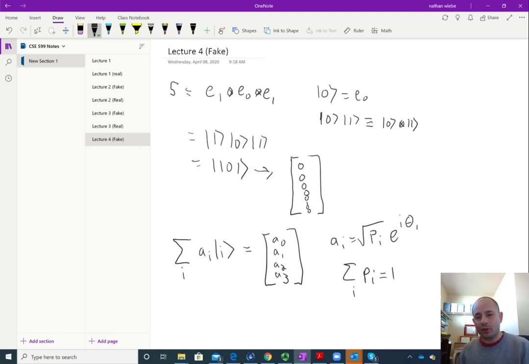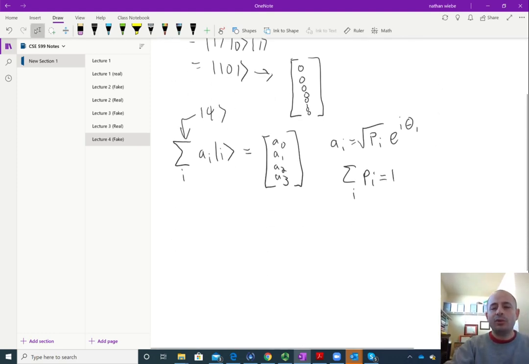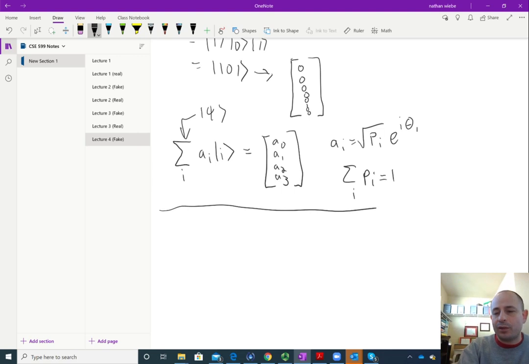So let's go through and remind ourselves how we would manipulate a quantum state vector like this on a quantum computer. Well, what we would do is we would carry out a series of gate operations. So I had a question the other day, and I figured, well, it might be a good idea to re-emphasize this.